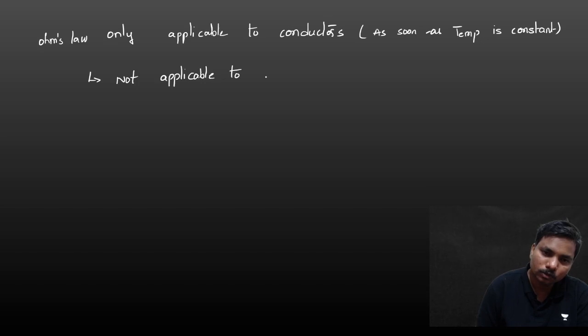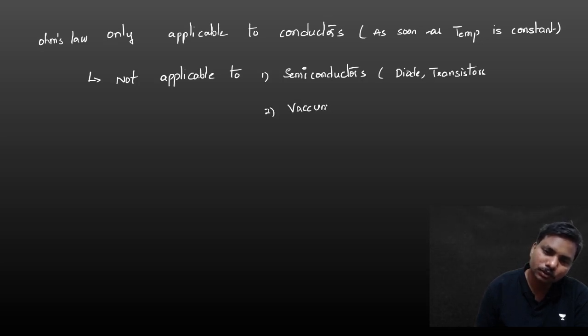These are very important. It is not applicable to semiconductors like silicon and germanium, or semiconductor devices. For example, they have given diodes, transistors, all those. Also not applicable to vacuum tubes and electrolytes.